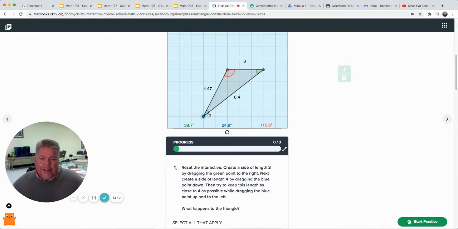It's getting skinnier for sure. This side doesn't change. This side and this side length changes. So this side length decreases. It's where we're supposed to keep it near 4, aren't we? And this side, the higher you pull it up, it really increases.